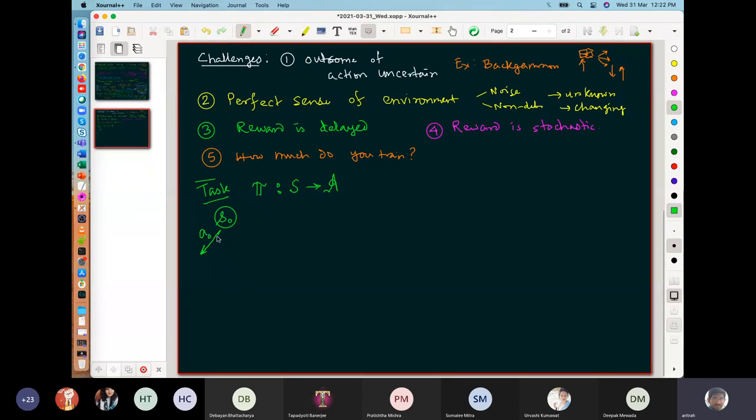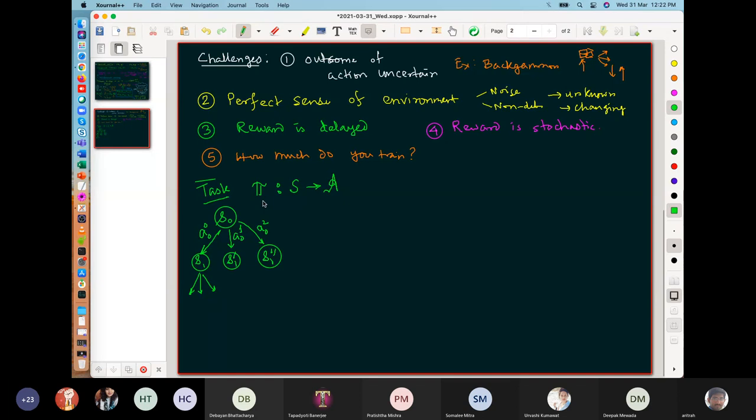I can do A00, A01, A02, and I can reach some state S1, some state S1 dash, some state S1 double dash, and so on. I can choose another action and go to this.